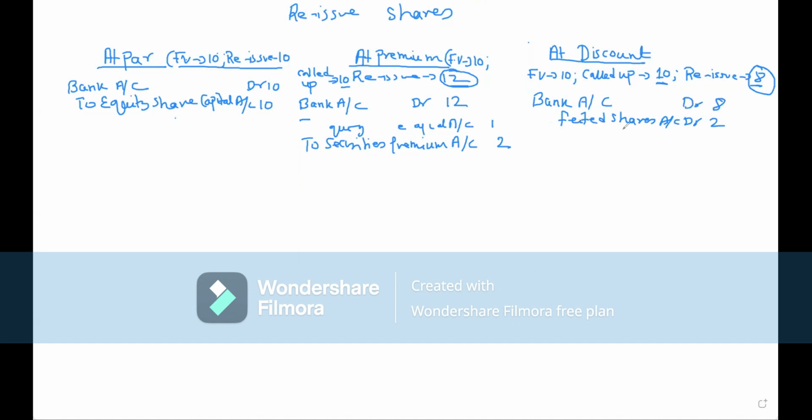Forfeited shares account debit 2 rupees. To equity share capital account 10 rupees. Is that understood? Yes, sir.